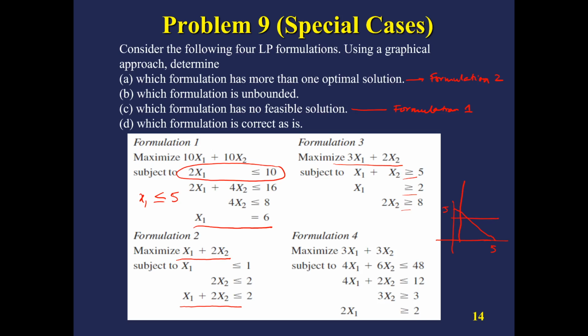So basically the feasible region is on this side, and since this is a maximization problem, we will see that you can increase your profit up to infinity, which means it is unbounded. So formulation 3 is unbounded, we can see that.